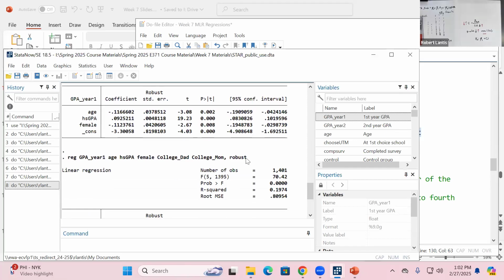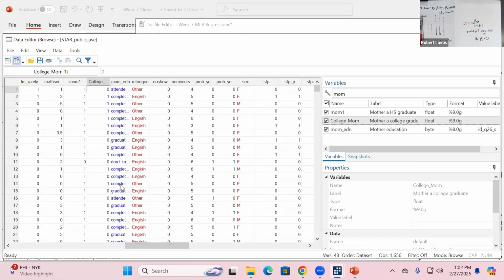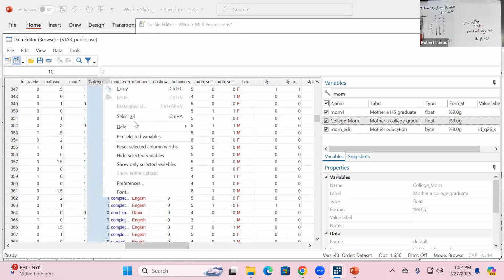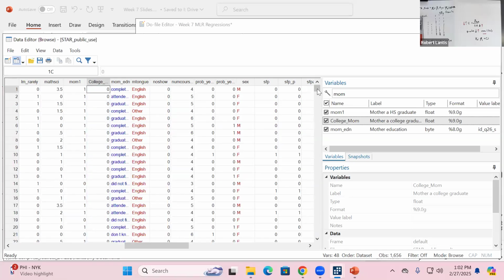I didn't mention this last class, but inherently, when I'm doing this joint significance test, what I'm assuming is that it's being done for the exact same sample. When can this be violated? Let's say I go to the data, and let's sort it so I can show it to you without scrolling.